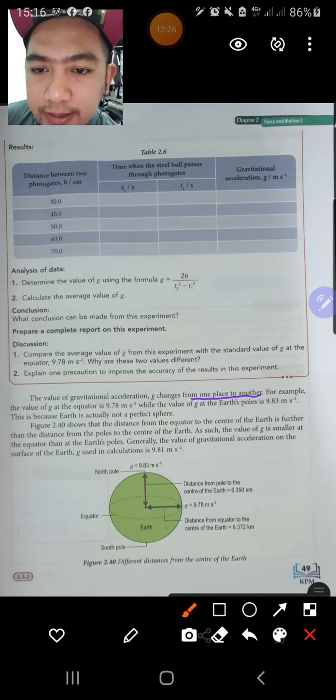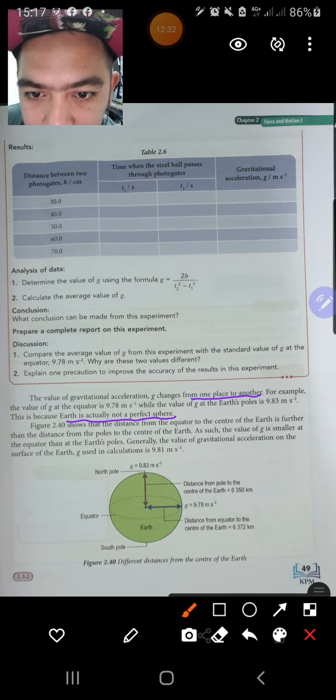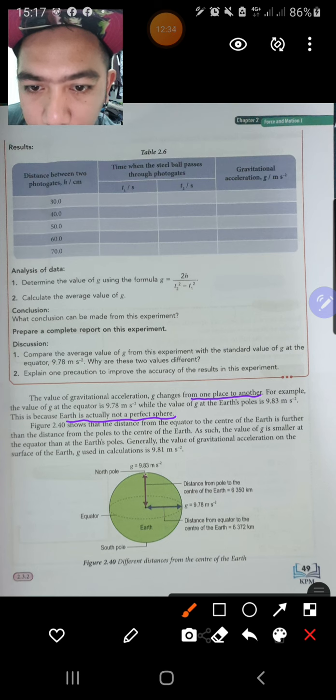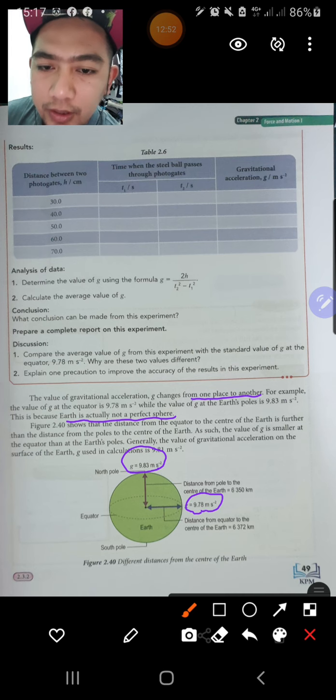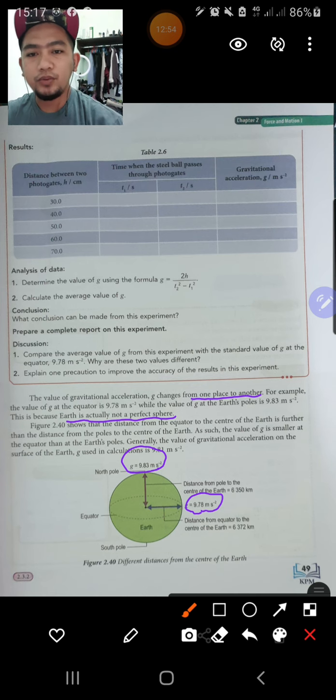This is because earth is actually not a perfect sphere. Okay, actually you boleh tengok sini. North Pole, the value of gravitational acceleration is 9.83. But here, the gravitational acceleration at the equator is 9.78 meter per second square.